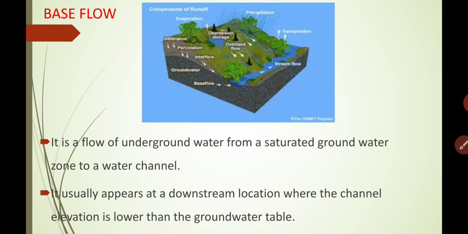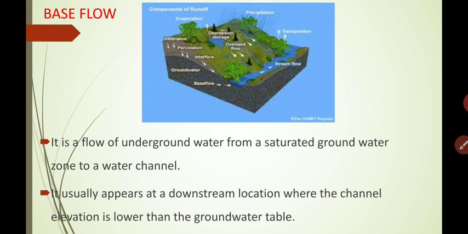It usually appears at a downstream location where the channel elevation is lower than the groundwater table. So surface water, and below it subsurface water, and this water joins the water table. This water joined in the water table is called base flow.